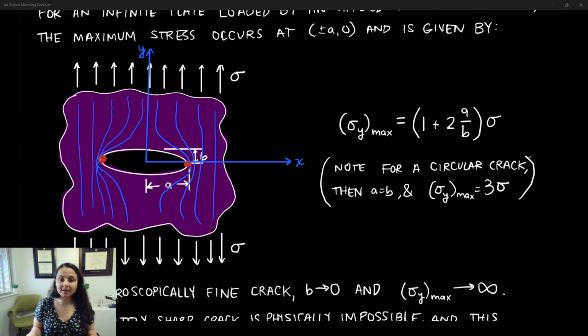I want you to keep in mind through all of linear elastic fracture mechanics that when we're talking about a higher stress at these corners here that I've highlighted, even when we're talking about a higher stress where our height B has gone down to 0 for an infinitely small crack or microscopically fine crack, the stress that is amplified at those corners, that is not just because we have a reduced cross-section.